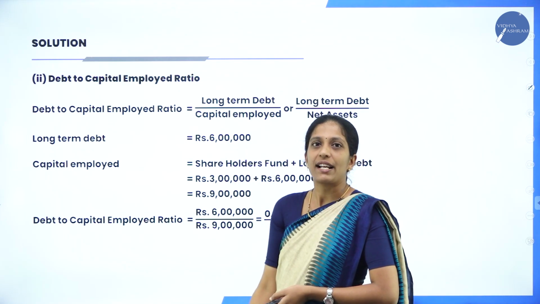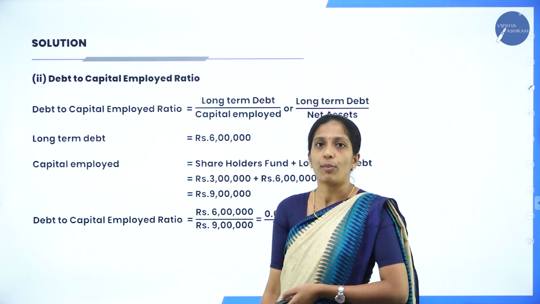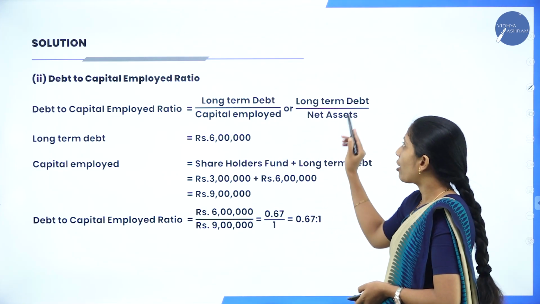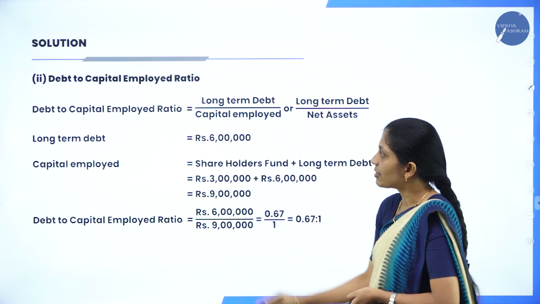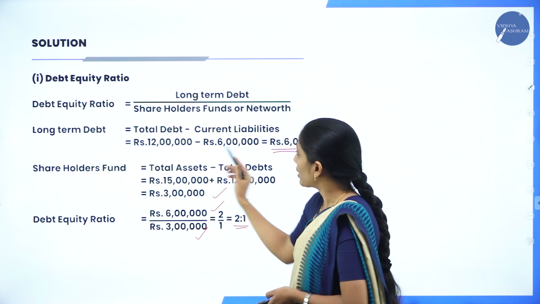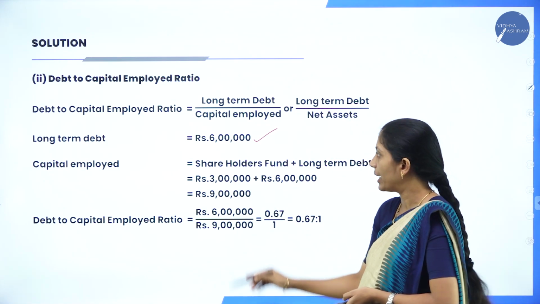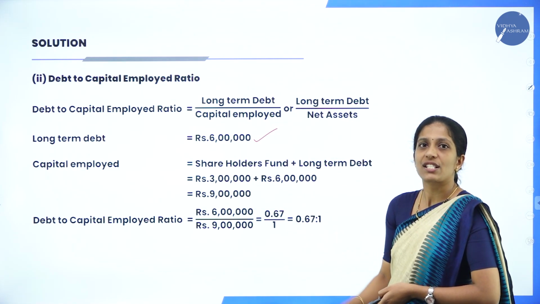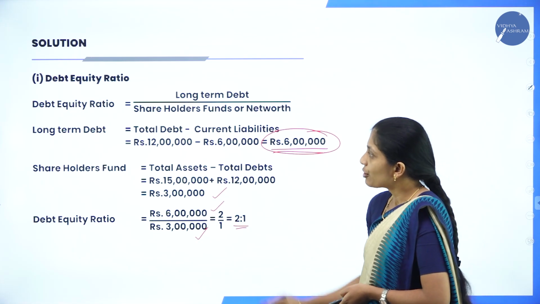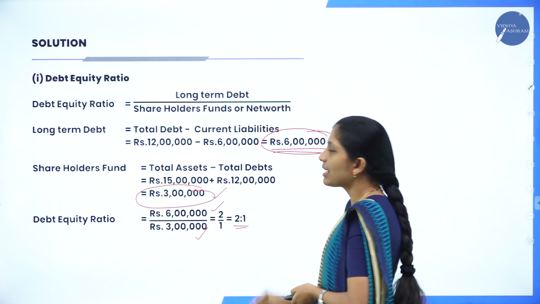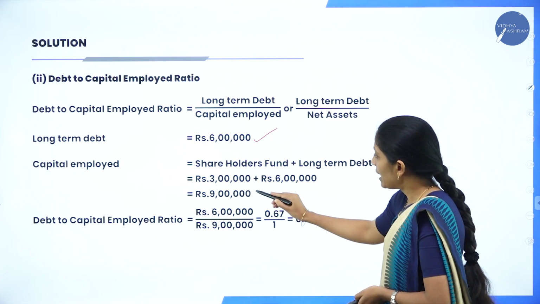Coming to the next one, debt to capital employed ratio. Your formula is long-term debt divided by capital employed or long-term debt divided by net assets. Long-term debt we have already calculated, that is 6 lakh. Now capital employed: your formula is shareholders fund plus long-term debt. Shareholders fund is how much? 3 lakh plus long-term debt 6 lakh, so that would be 9 lakh.